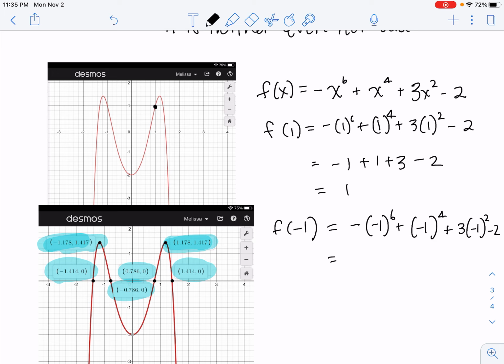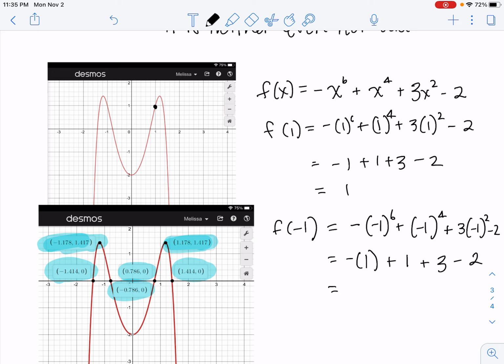Since I have an even number of negatives, it's going to be positive. Notice I said even. So then it's going to be the opposite of positive 1. So many negatives. The opposite of 1 plus 1 plus 3 minus 2. And if you don't believe me, go back and do that math.